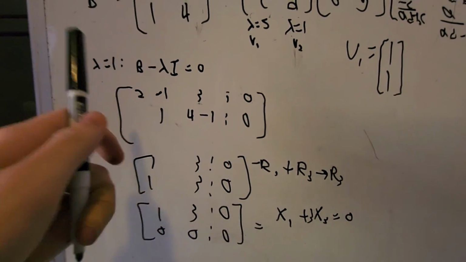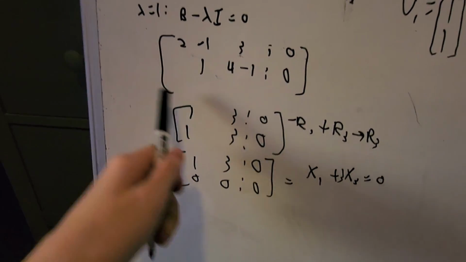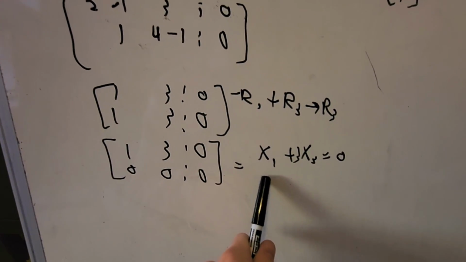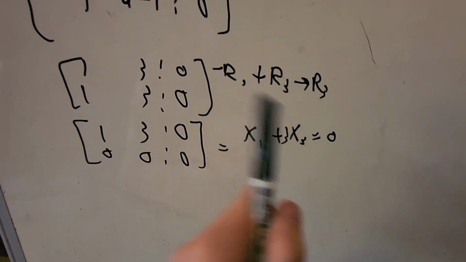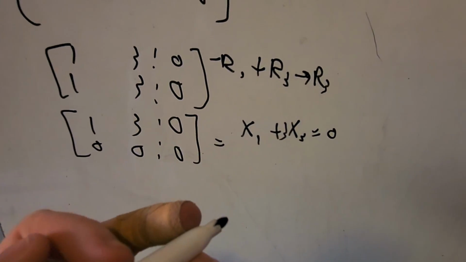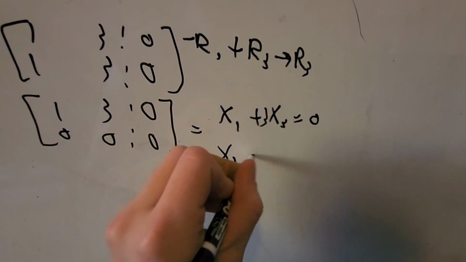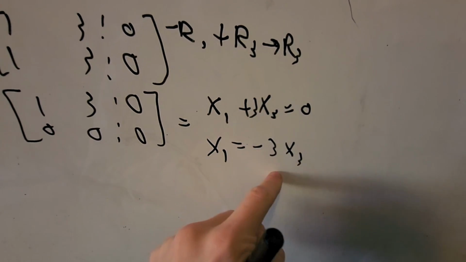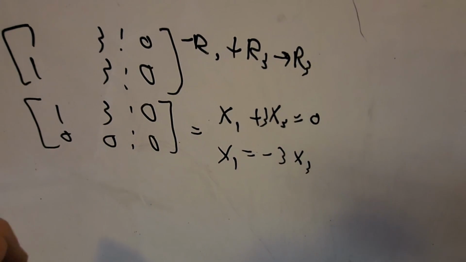Alright, let's figure out V2. Same process. We get this matrix, and then solving, we get x1 plus 3x2 equals 0. So then we need to choose something such that x1 is equal to negative 3x2. Well, let's make this easy.